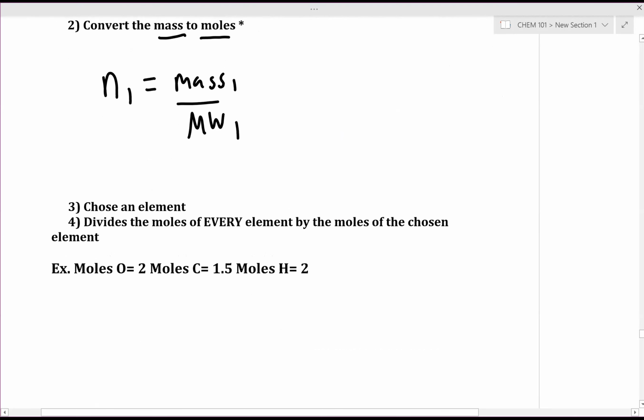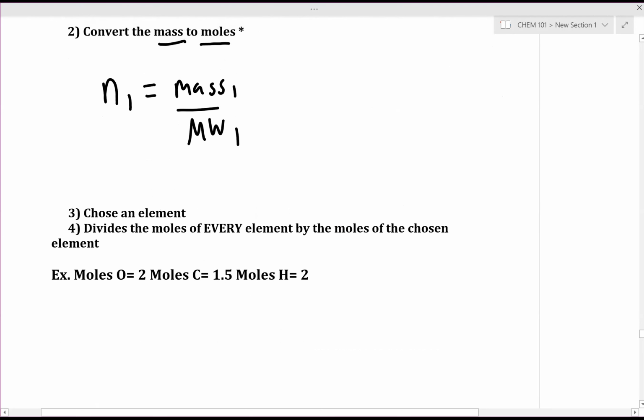Now, once we have our moles, what we're next going to focus on is how we actually go from the moles of each element and the mole ratios to a valid empirical formula. To help us along with that, I like to go on this idea where you choose an element.